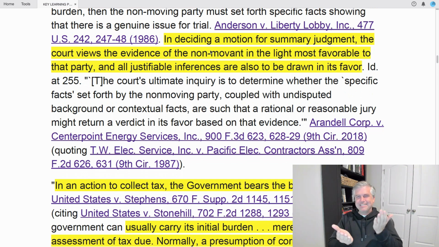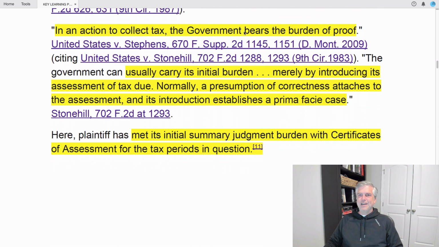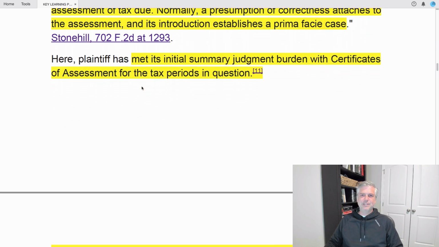If you have facts that could go either way, you go toward the party that's not requesting summary judgment. That would be the taxpayers here. And the court points out the government bears a burden of proof that the taxes are actually owed. And normally they introduce the assessment of taxes, and that's enough. And that's what they did.